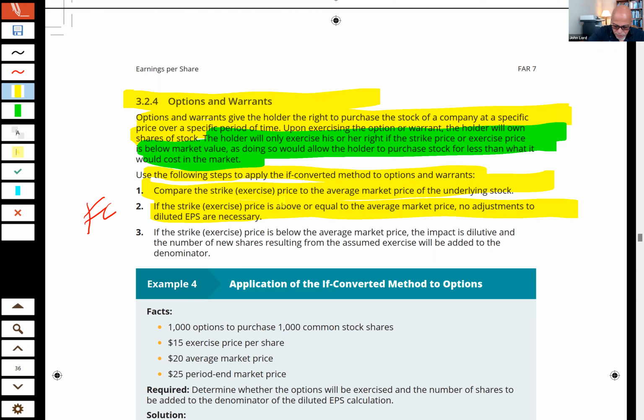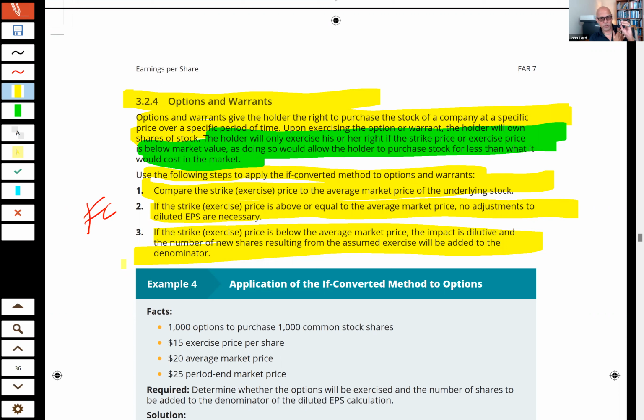The other reason is that we're going to use the treasury stock method, which assumes that the additional money that comes in when folks exercise the option or warrant is used to go out in the market and reacquire some of those shares. If we had enough money coming in to reacquire all the shares and more, that would automatically be anti-dilutive, and therefore we wouldn't report it.